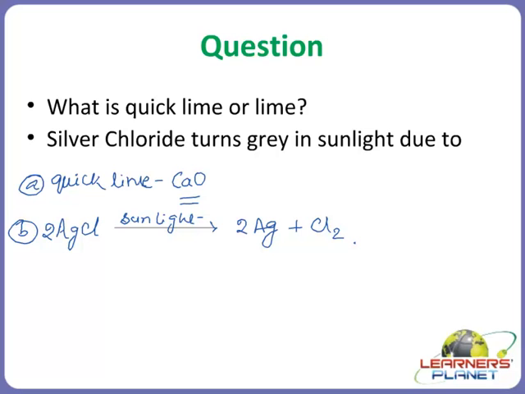Now this silver, students, has got a grey color, right? So silver chloride turns grey because of the formation of silver.